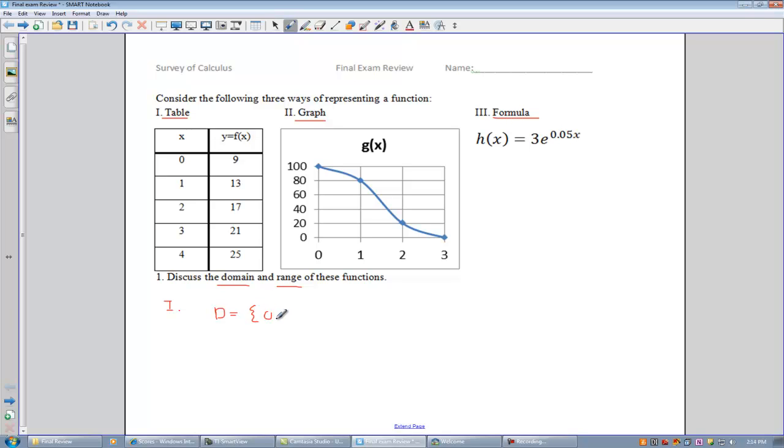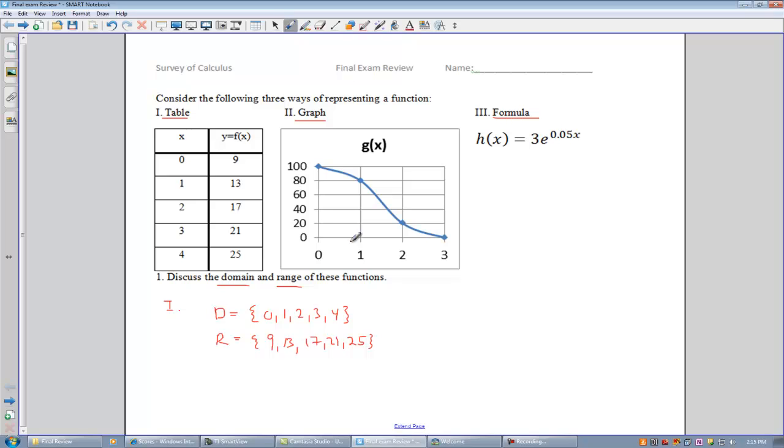So the set 0, 1, 2, 3, and 4, because those are my inputs. And then the range R, right, these are the outputs, which are on the right. So my range are the outputs, which are 9, 13, 17, 21, and 25. All right, so that's for the table.